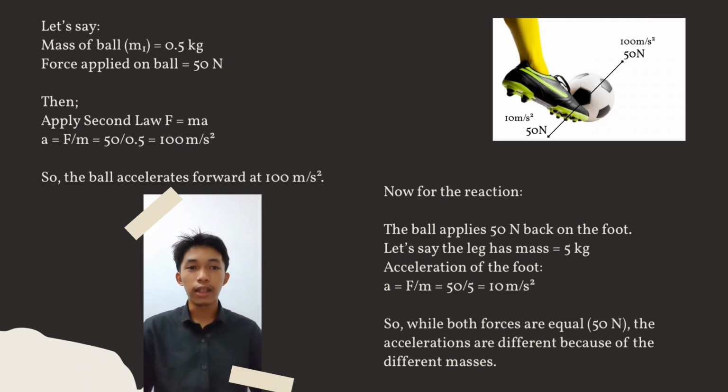Let's assume that the mass of the ball is 0.5 kg and the player's foot applies a force of 50 newtons to the ball. The mass of the player's foot is about 5 kg.